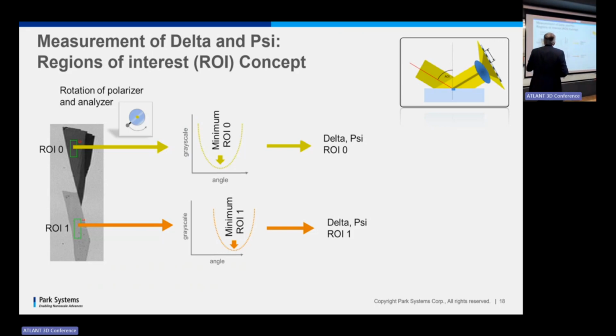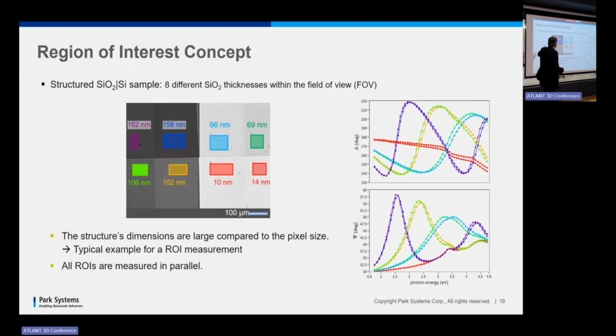So you just get the normal data for an ellipsometer, but for these areas. And you can also add, if you have such a pattern, a number of different areas, and measure them in parallel, so in the same measurement, you get the data, the spectra for these different areas, and then you can put it into the model and do the characterization regarding thickness and or optical properties.